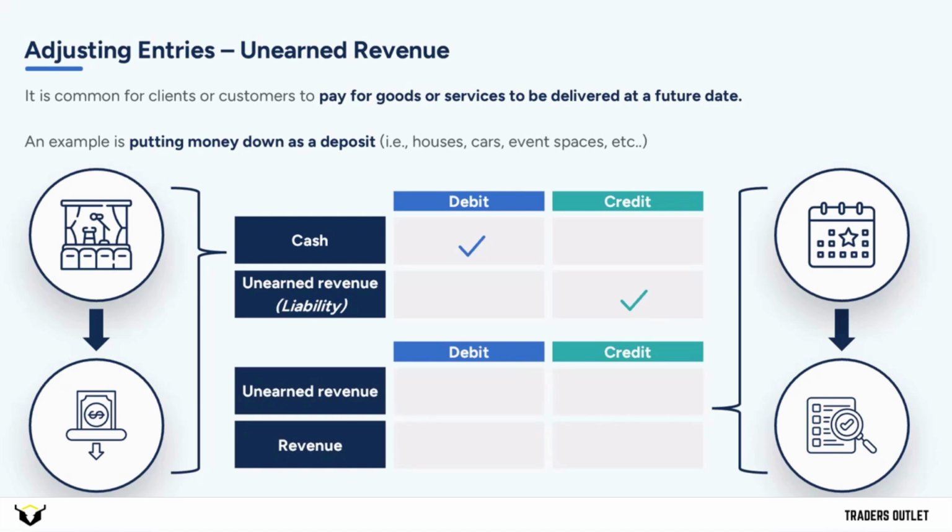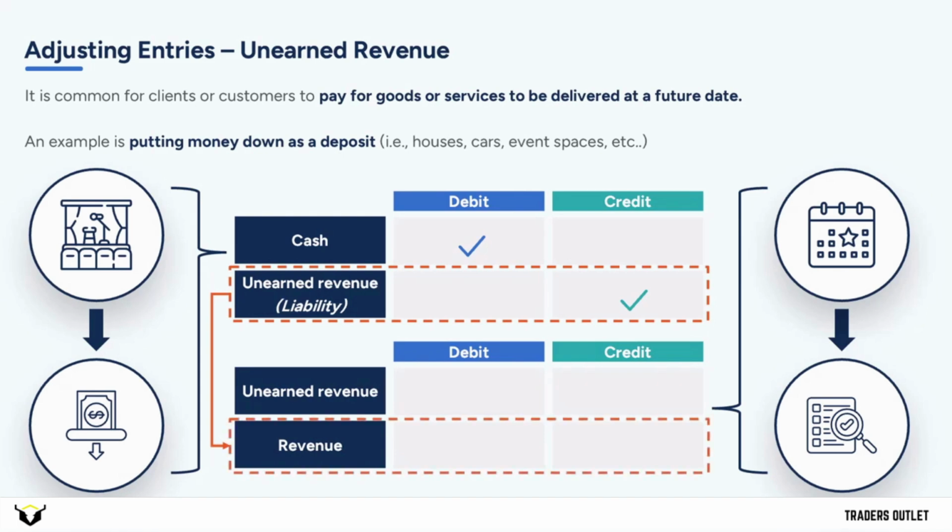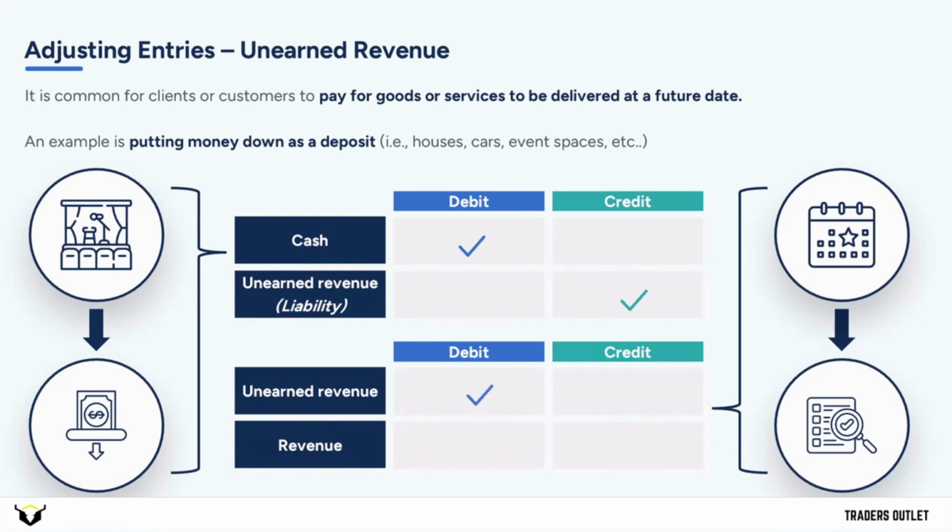So, for instance, if a deposit was made for a conference center to hold the space for a planned event, once the event takes place, the company reduces the unearned revenue liability and records the amount received as revenue. After conducting this type of assessment, any revenue that has been earned would be taken out of unearned revenue, and that's a debit, and moved to revenue on the income statement, which you may recall is a credit.